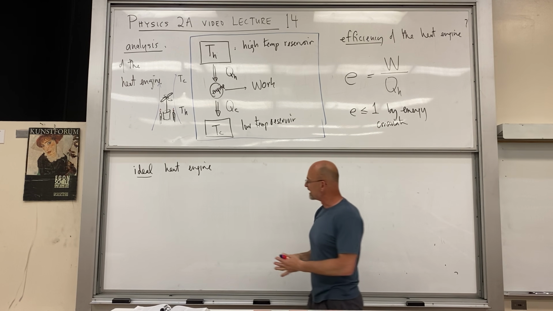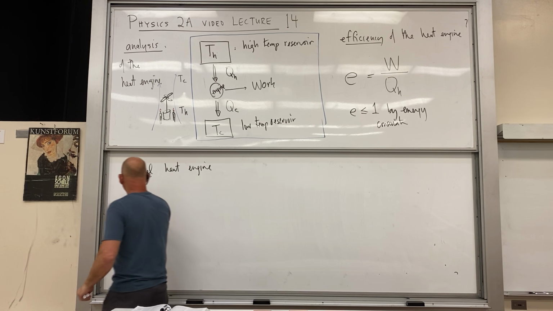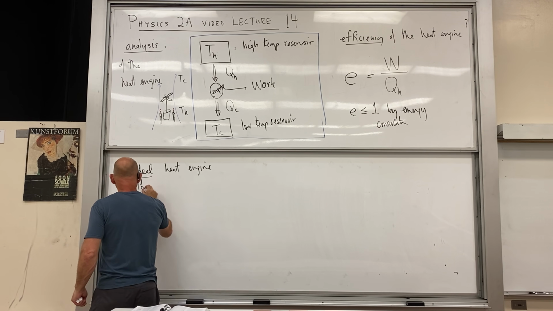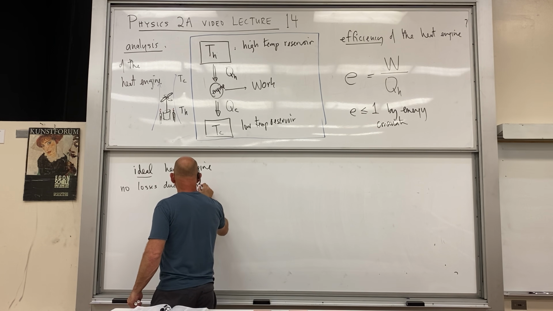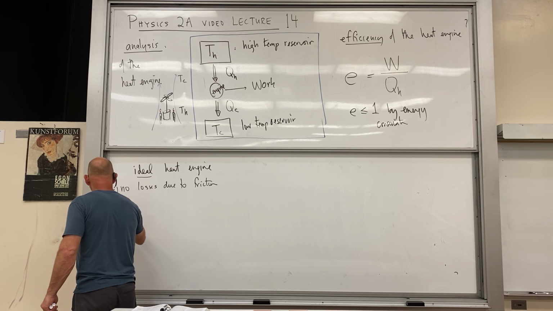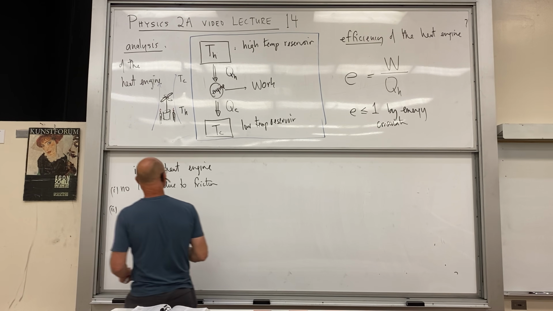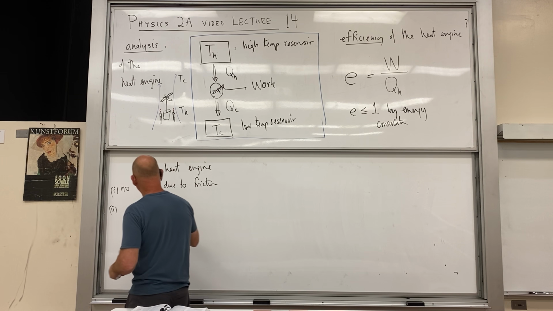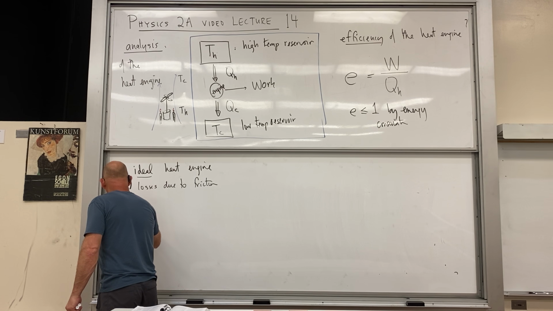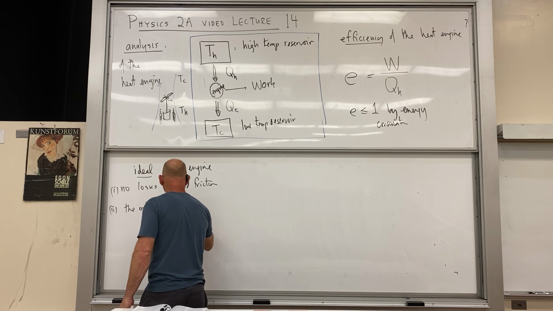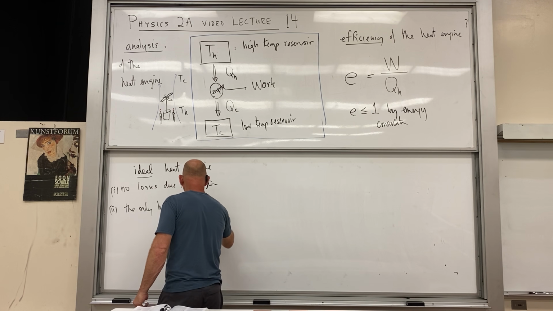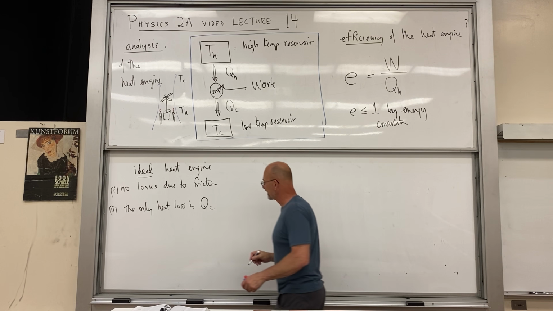Let me just write that down. Ideal heat engine, no losses due to friction. That would be the first condition. The second condition would be the only heat loss is QC, and that is exhaust.